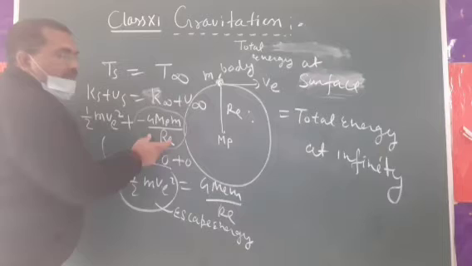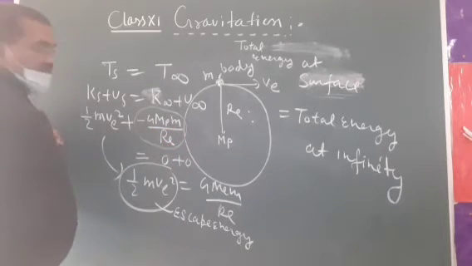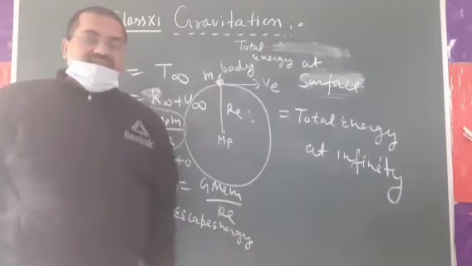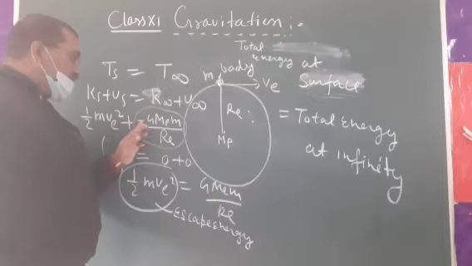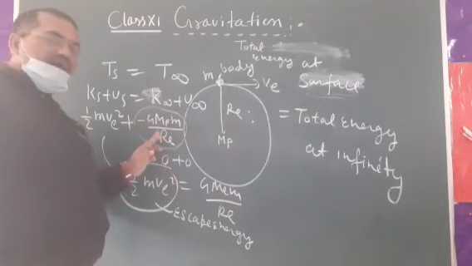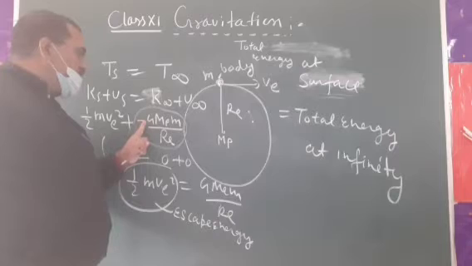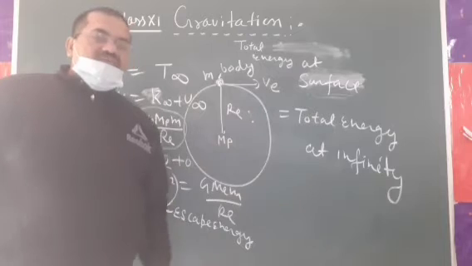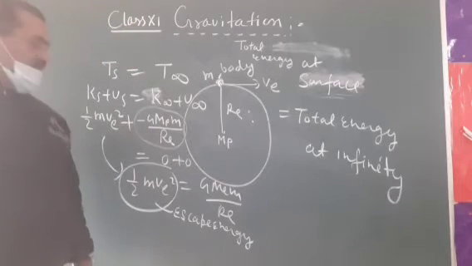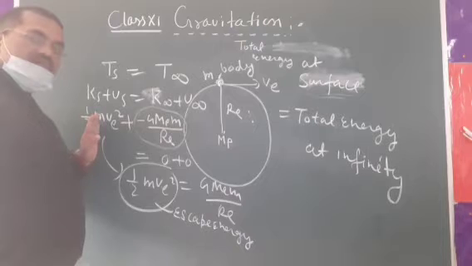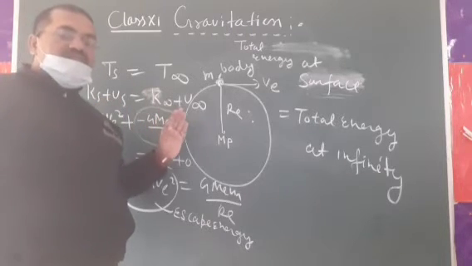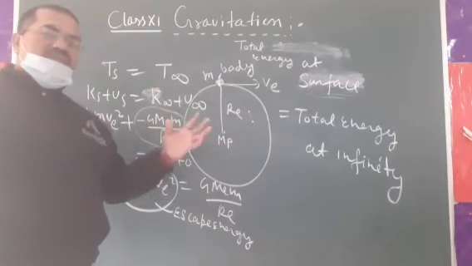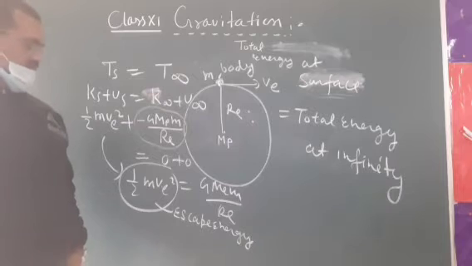So plus G MP m by Re is required, so that total energy will be 0 at infinity. If you add plus G MP m by Re to total energy at the surface, minus G MP m by Re, you will get total energy at infinity as 0. So this much energy is required for the body to just leave the gravitational field of the planet and go to infinity. So this is the escape energy.